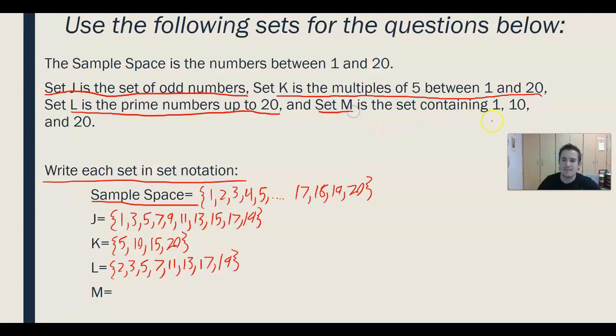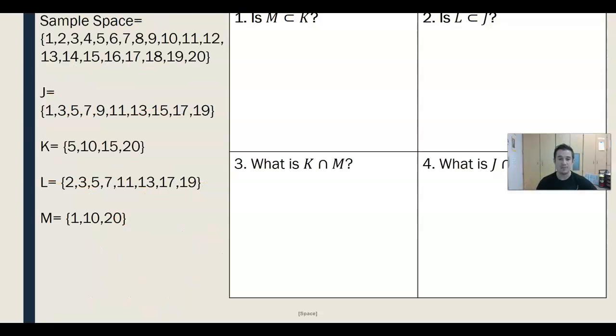And the set M is the set containing 1, 10, and 20. So that's how I would write out each of those sets. They're given to me in words here, and I write them down in set notation in those curly brackets with all the numbers separated by commas. Okay, so we're going to use the sample space, J, K, L, and M to answer some questions.